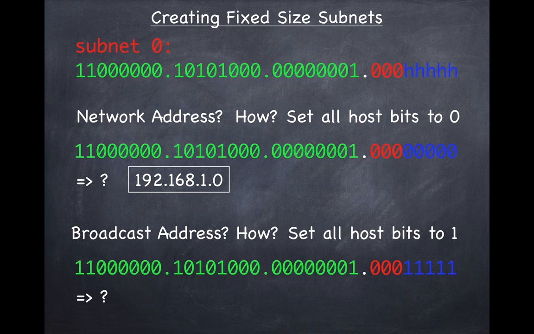And if we convert that back to decimal dotted notation, we get that the broadcast address is 192.168.1.33. Now, if you were asked what were the usable hosts, they would be all the IPs from one more than the network address up to one less than the broadcast address.